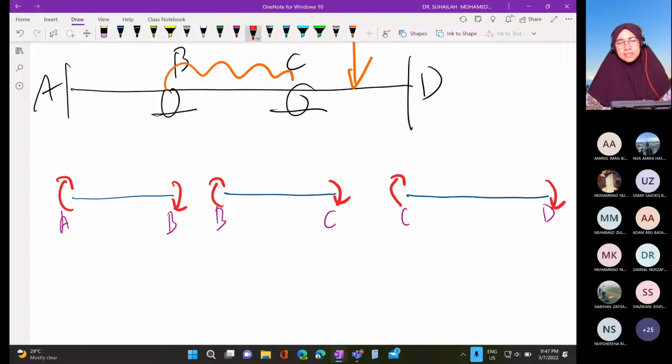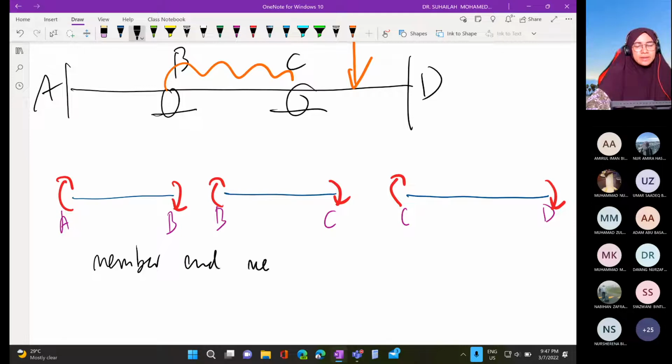Positive clockwise. The sign convention used for this chapter is clockwise positive. This is the first assumption. So the red color represents the member end moment, which will be the output from the table.